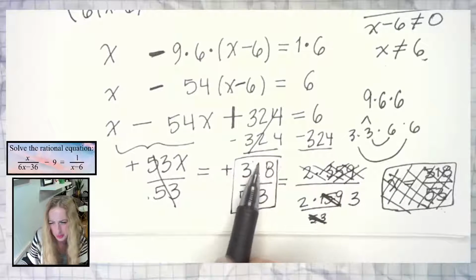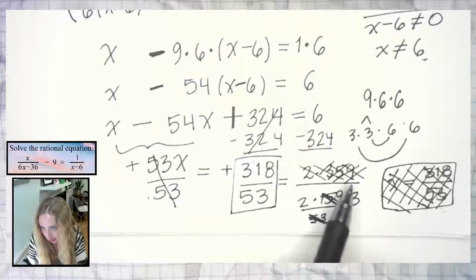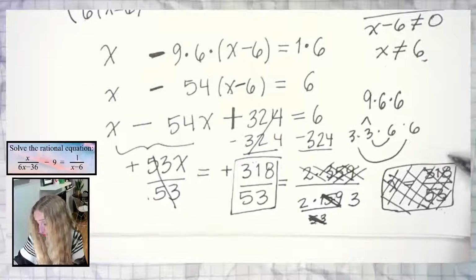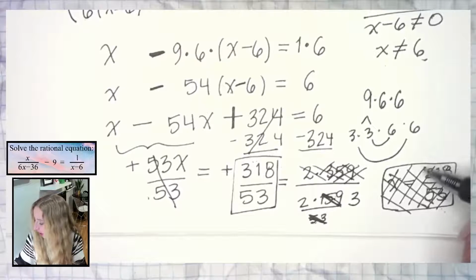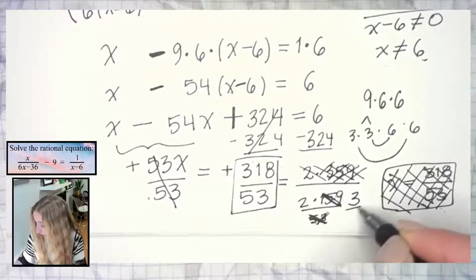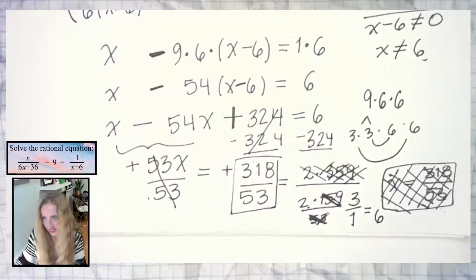And that's when I noticed with 318 over 53 that I somehow wrote 2 times 359. What am I doing? Sorry, I'll leave it in. Authentic. Yes, so that was a 3 over 1, essentially, and 2 times 3 is 6. Sorry for the mess.